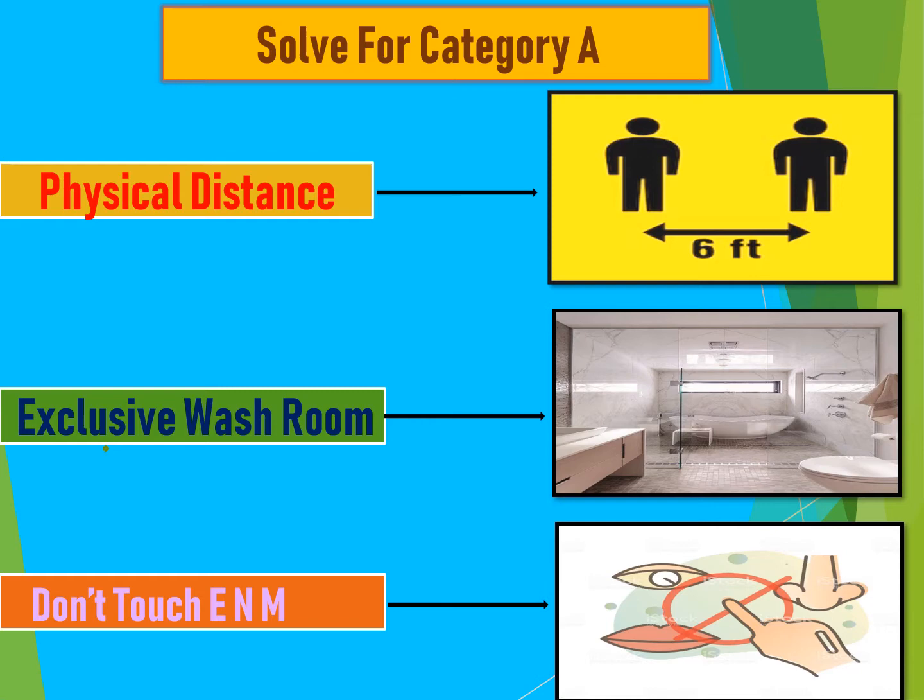It is also advised to allocate an exclusive washroom for these sick candidates. Whatever washroom is being used by the corona attacked person, it is advised that others not use it during this period, till the person turns negative.